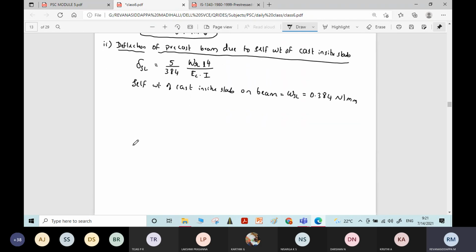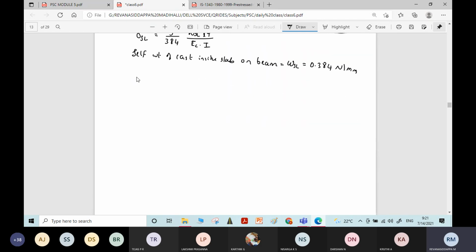Okay, therefore deflection delta SL is equal to 5 by 384 into 0.384 into 5000 raised to 4 divided by 35 into 10 power 3, and moment of inertia 667 into 10 power 5.